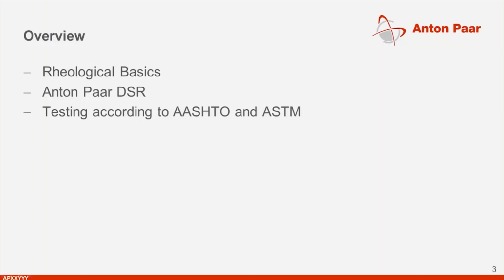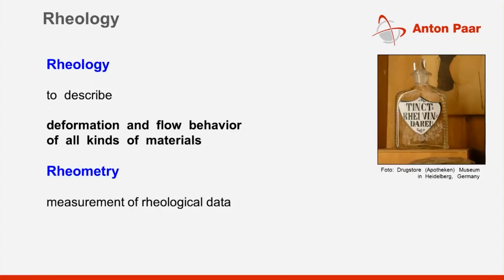So let's start. What does rheology mean? It is describing the deformation and flow behavior of all types of materials like water, oil, or viscoelastic materials like shampoo or ketchup.